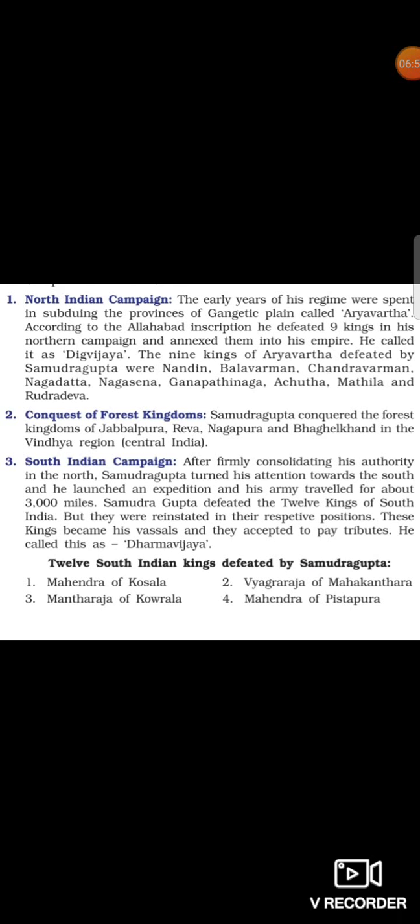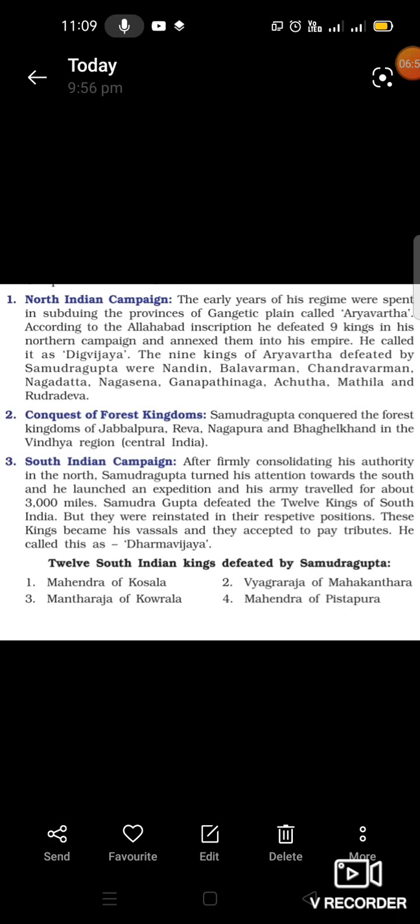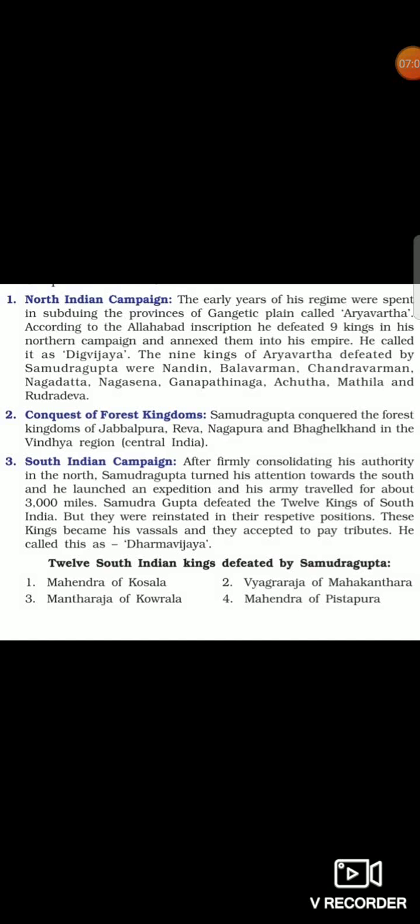Then third, the South Indian campaign. After firmly consolidating his authority in the north, Samudragupta turned his attention towards the south and launched an expedition, and his army traveled for about 3,000 miles.